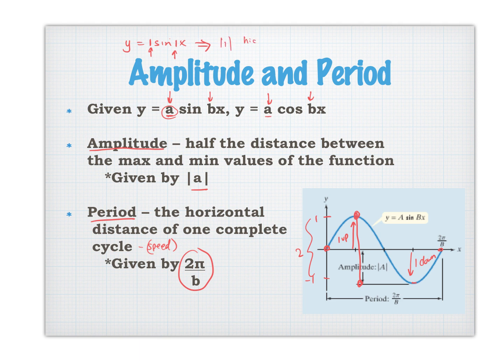The max value was +1, as we saw on that sine wave, and the minimum was -1. And because b is 1, the period was 2 pi over b, which is just 2 pi. That's why our period was 2 pi.